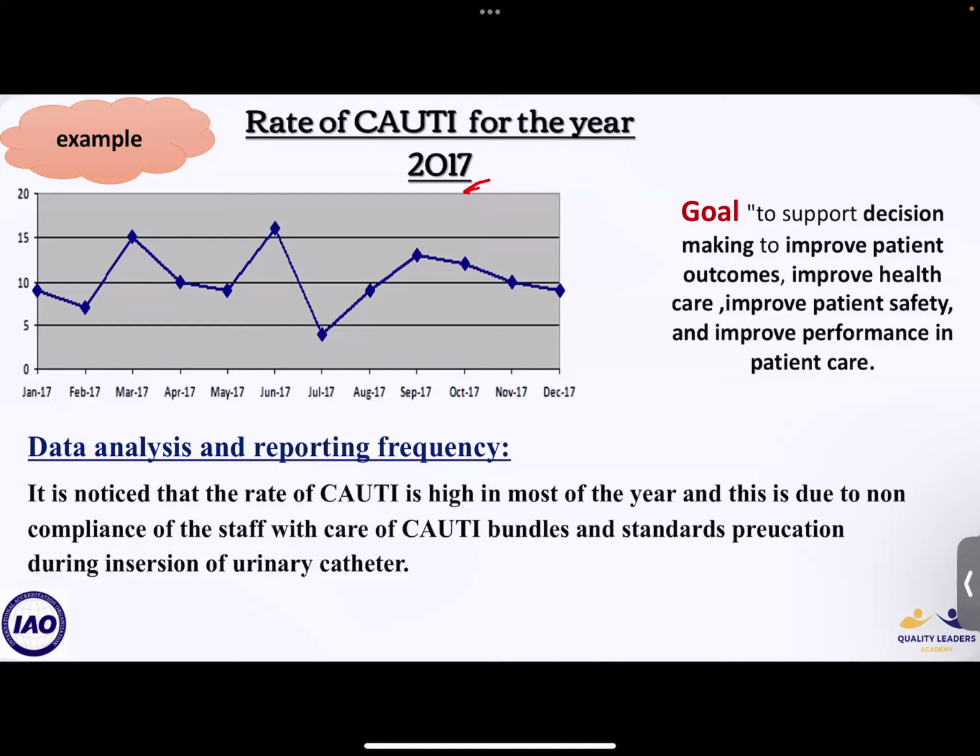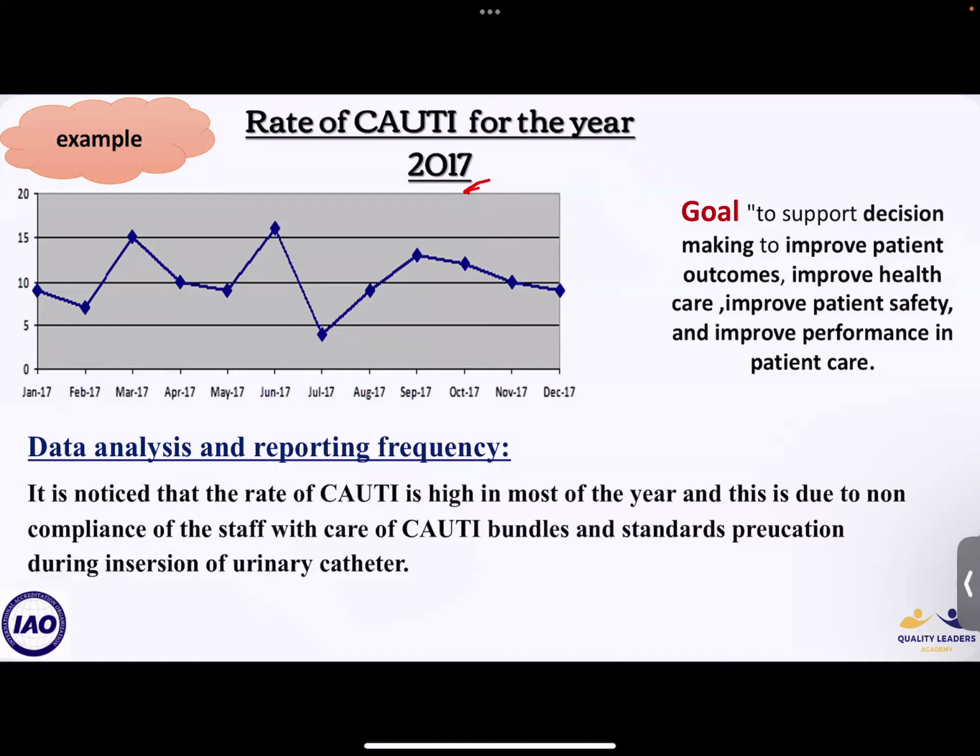Thus, I have transformed the data into information and interpreted it. This means I have completed the whole process. The purpose of data management, therefore, is to support decision making, and supporting decision making means improving outcomes, improving healthcare, improving patient safety, improving performance, and improving patient care.